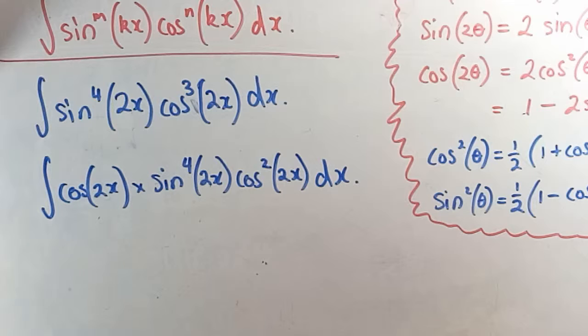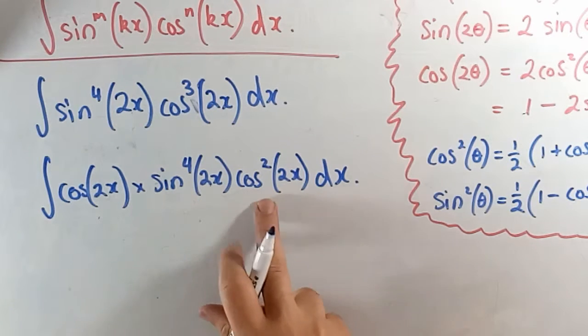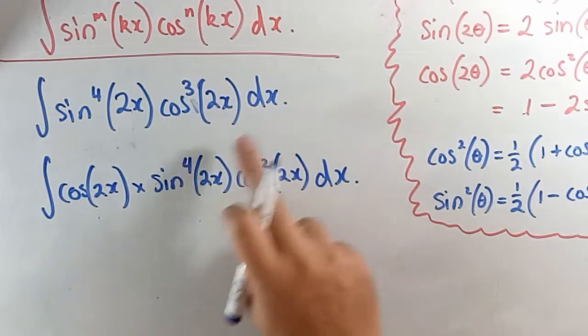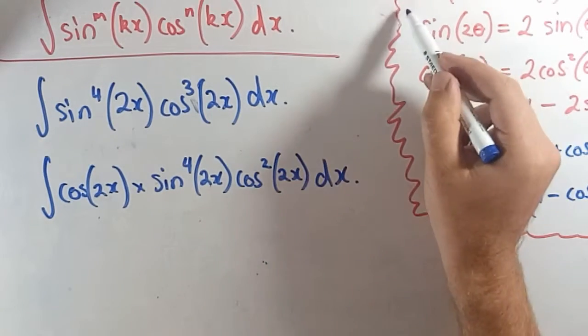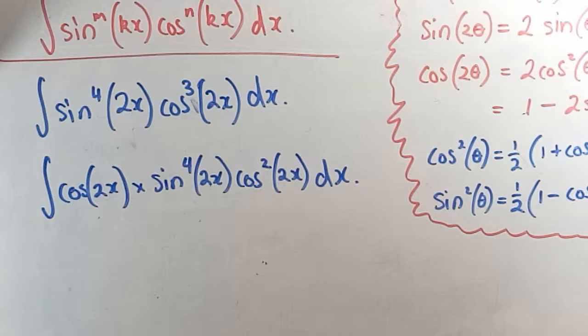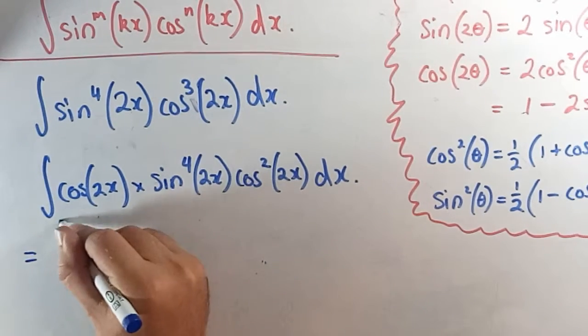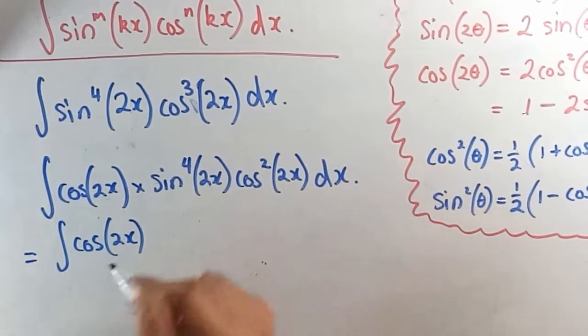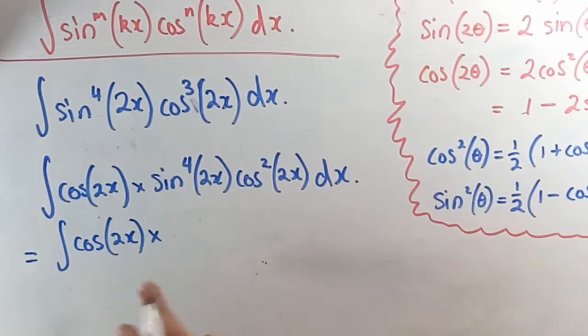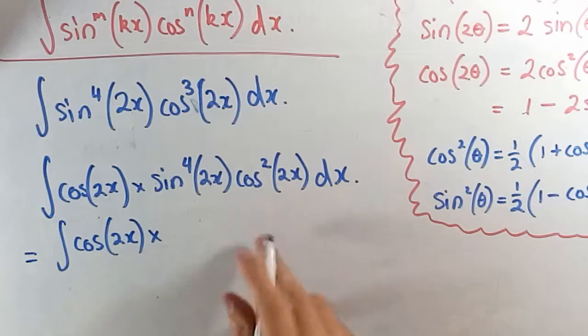Now what I'm going to do is take this one and turn it into sine. The way to turn it into sine is to use the top formula, sine squared plus cos squared equals 1. That Pythagorean identity turns this into a sine. So the only cos left over is this one that we've broken up.